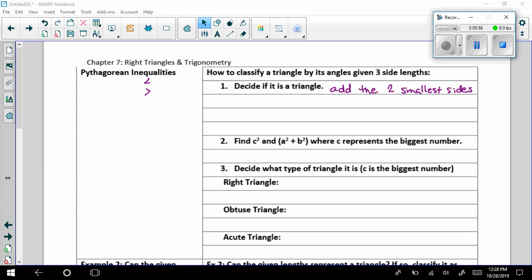So add your 2 smallest sides, and if that sum is greater than the third side, then it is a triangle.